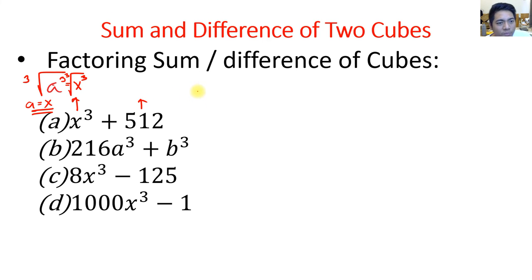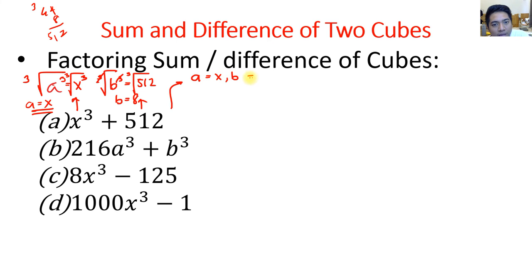The cube root of 512, I think, is 8. 8 times 8 is 64, and 64 times 8 is 512. So you have 8. Your values here are a equals x and b equals 8.